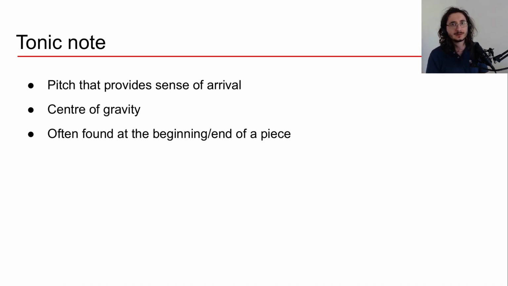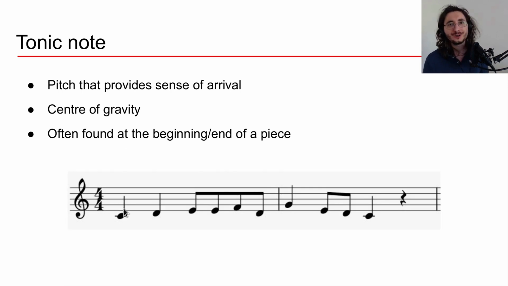Another way of defining it is that the tonic is the pitch or harmonic center of gravity of a piece. And we often find it at the beginning and at the end of a piece. So for example, here in our familiar melody, the tonic is C, and we find it both at the beginning and at the end of this little melody.